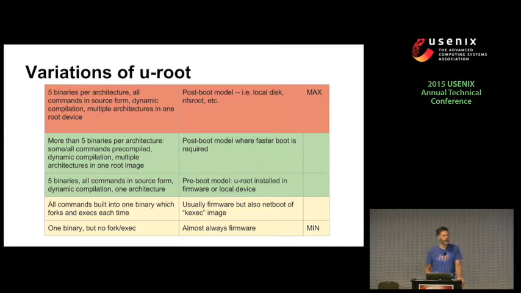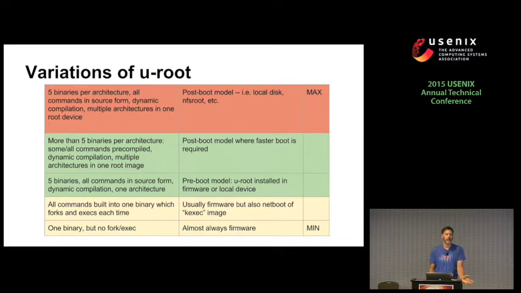So here's an example of some of the variations. The one at the top we call max, and that's mainly what the paper is about. Currently, there are 5 binaries per architecture. All the commands are in source form. We use dynamic compilation, and we have multiple architectures in one device. And you can see some different variations. The green is slightly more compact. The bottom green line is what we call the pre-boot model, where you'd be in firmware.